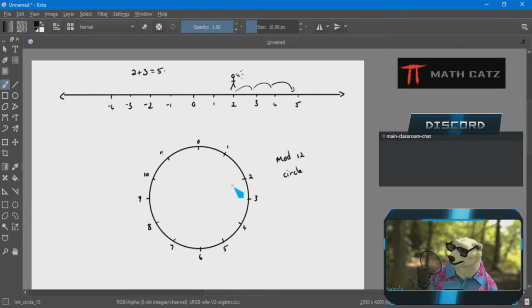Here everything is the same. If I look at 2 plus 3, I'm still going to stand sideways and look to the bigger direction and take 3 steps. It's still 5, mod 12. So in some cases, there's no difference at all.